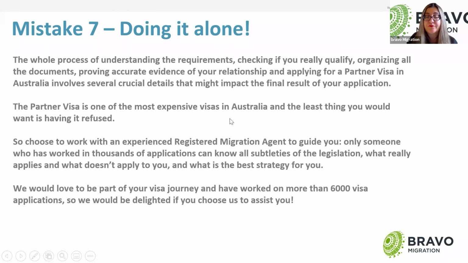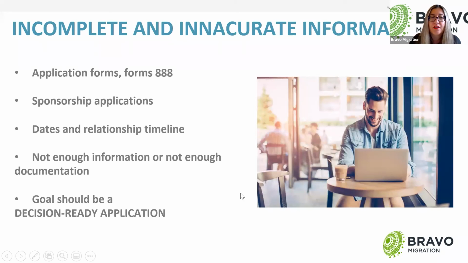It's super worth investing in having a migration agent take care of your case, because again, the visa application fee is so expensive that if you make a mistake working on it yourself, or if it takes 4 years instead of 6 months, it's going to cost you more than investing to work with a migration agent on your case. Other things that a migration agent will help you avoid are incomplete and inaccurate information pieces with that application.